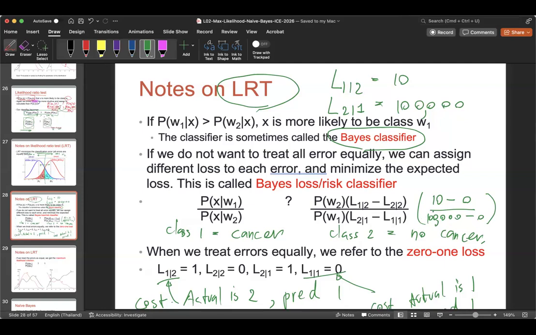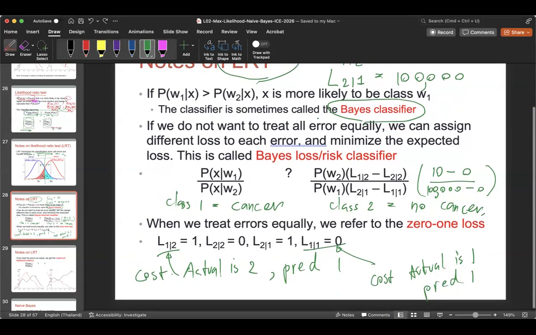It will prefer that you answer more on the cancer side, because this side will have an additional 100,000 times. So this is a Bayes loss or risk classifier.